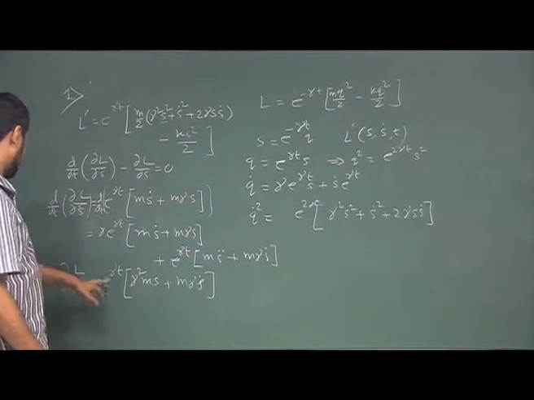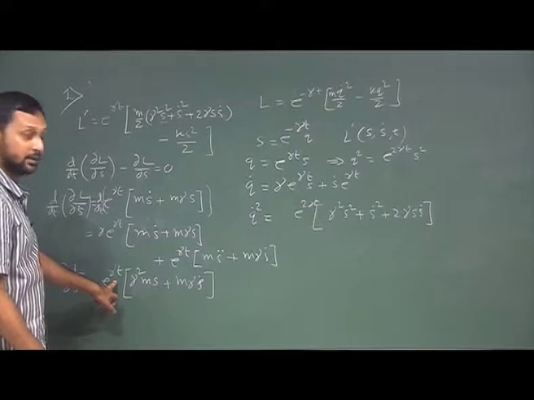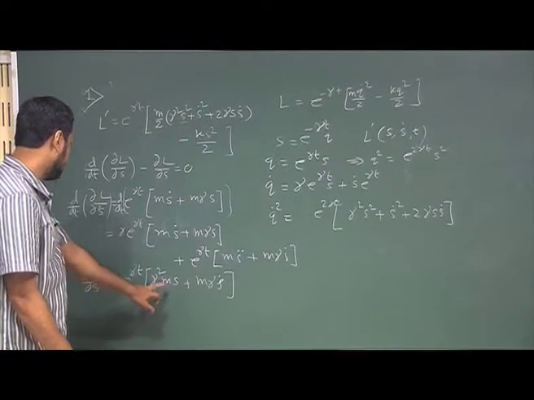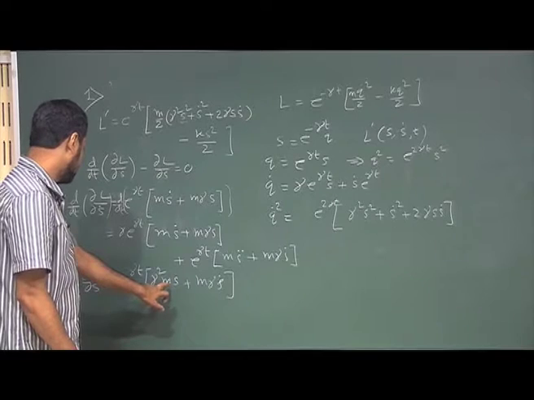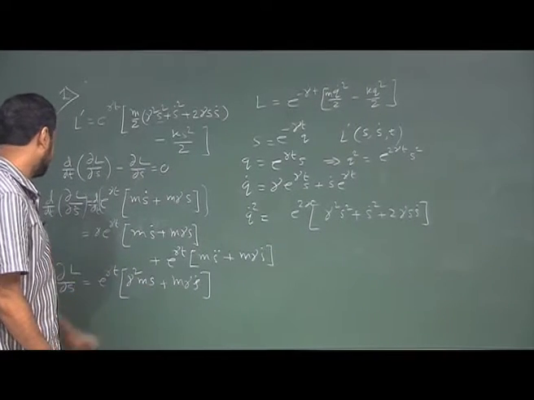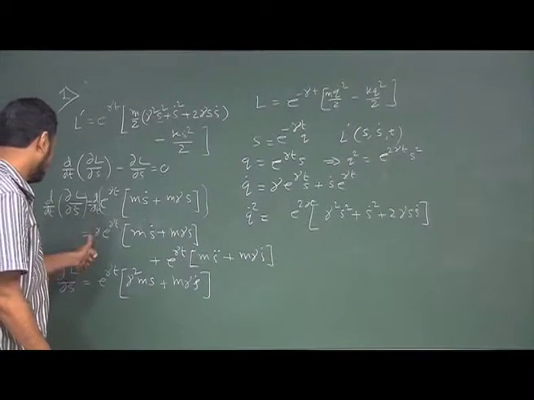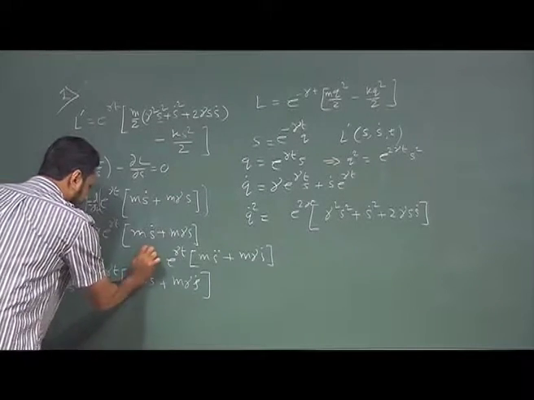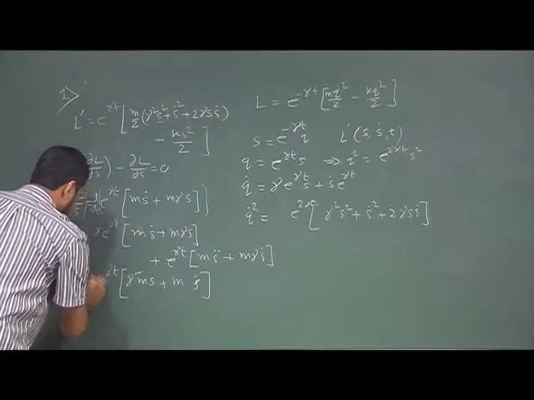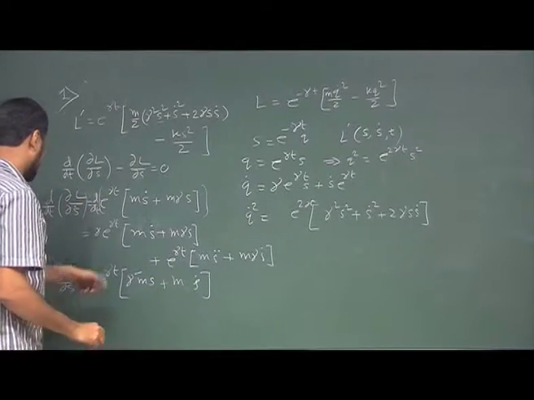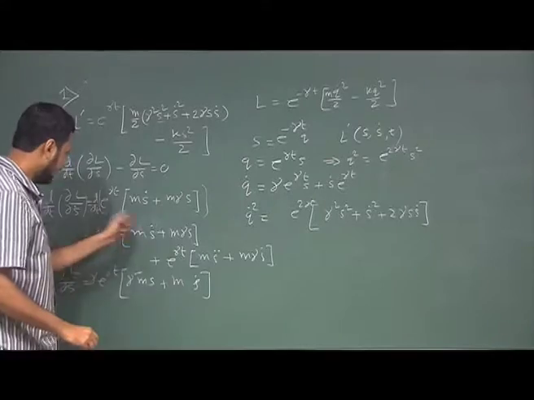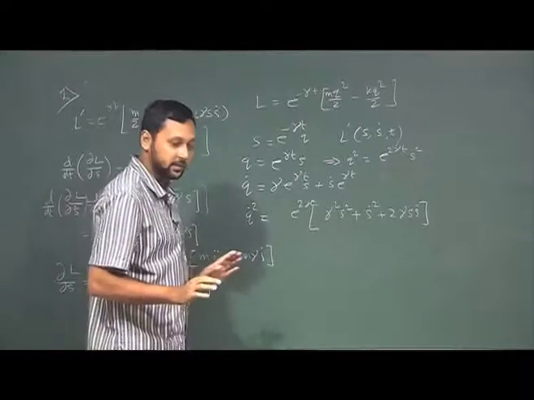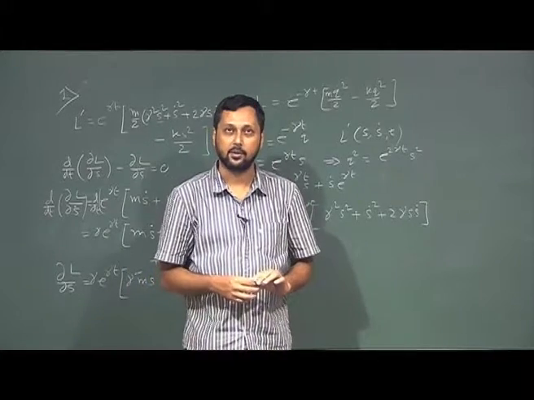What will happen is e to the power gamma t you can take out from both the equations, and you can take gamma e to the power gamma t common and then simplify. So, you will get back the familiar equation of simple harmonic oscillation with damping.